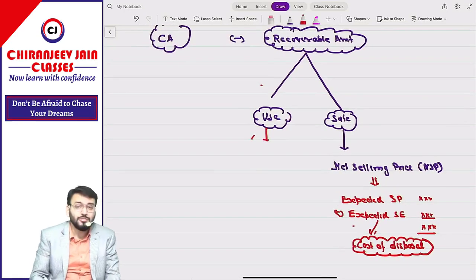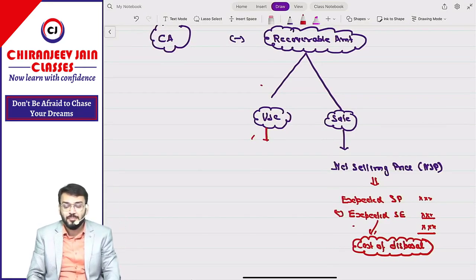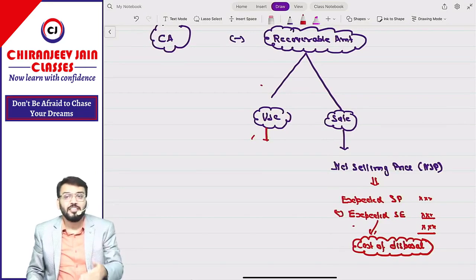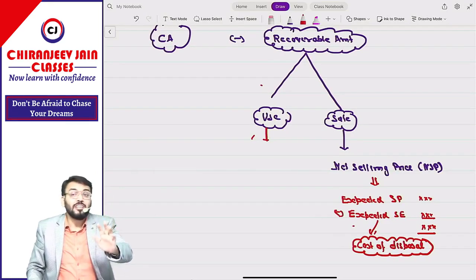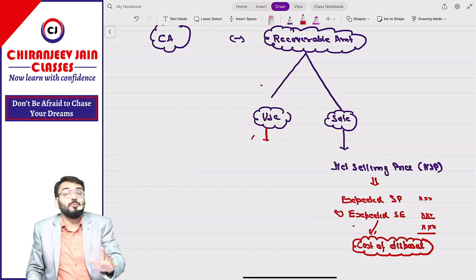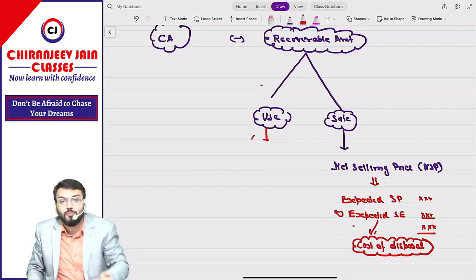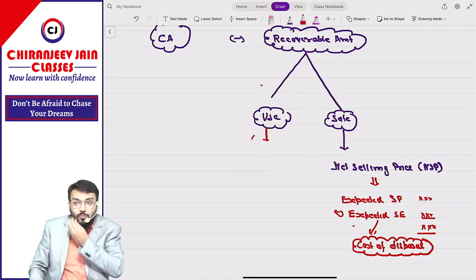Now, from use, can I say you will generate some future income? If you are using the asset, you will generate some future income, or we can say you will generate some future cash flow. Future cash flow means future cash inflow minus cash outflow.